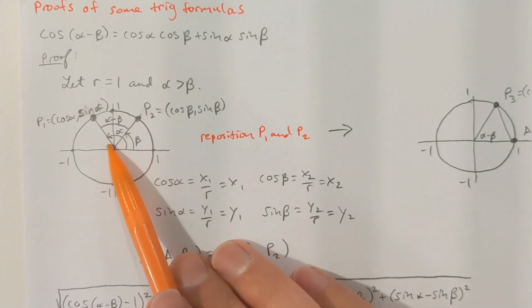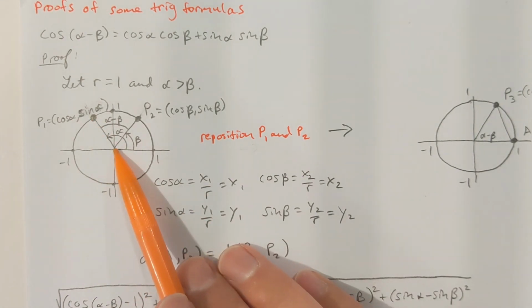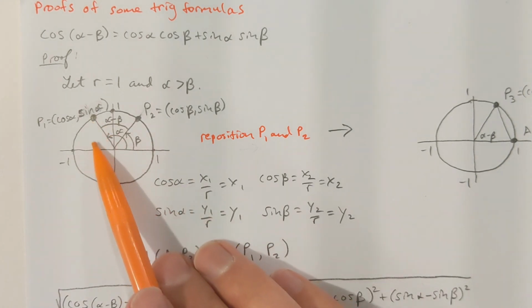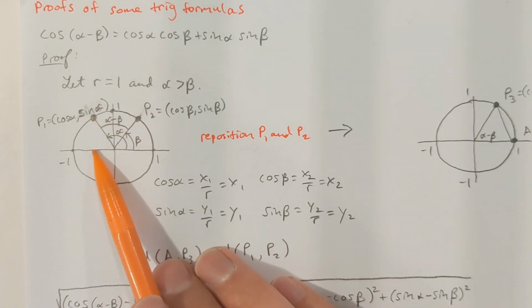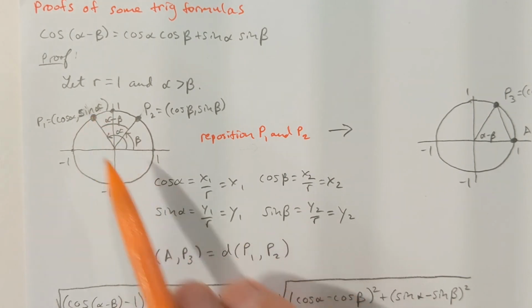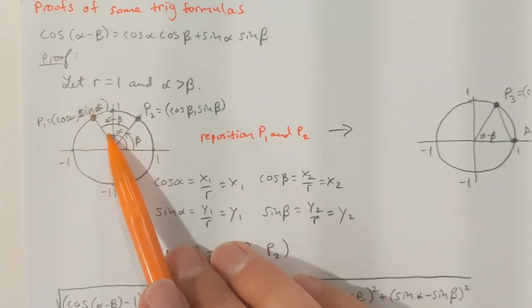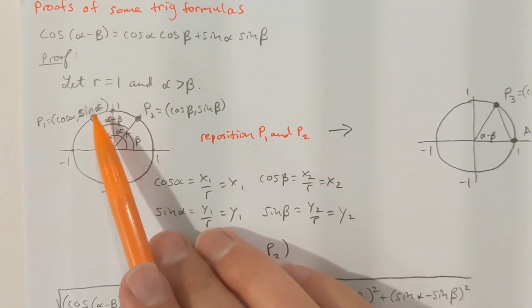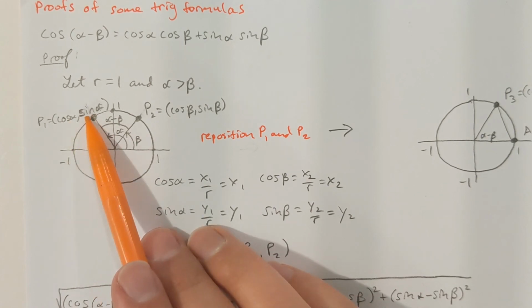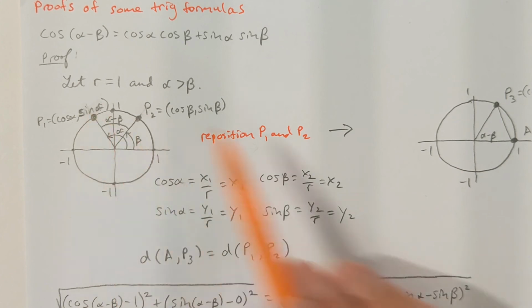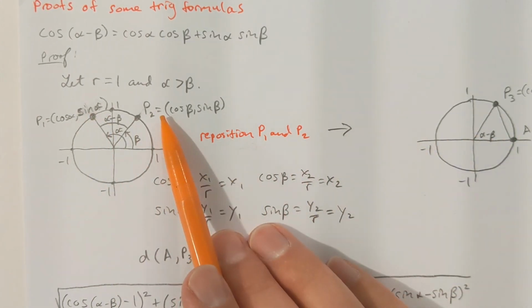Sine of alpha, with this triangle, is opposite over hypotenuse. The opposite side would be the y value, the distance that I was going to go up to get to point P1. The hypotenuse, again, is the radius of the circle, which is 1. So sine alpha would be the y coordinate there. So instead of writing x1, y1, I'm going to write the coordinates in terms of cosine alpha, sine alpha.